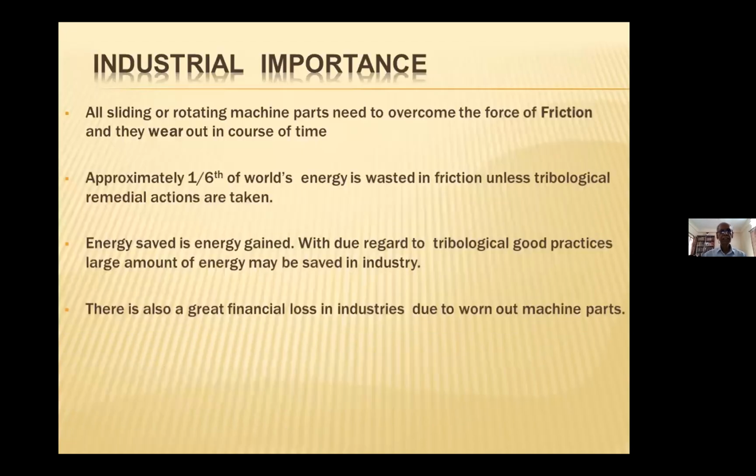Now we look at the industrial importance of tribology. As we said, all sliding or rotating machines need to overcome the force of friction, and they wear out eventually. It is important to know that approximately one-sixth of the world's energy is wasted in friction.